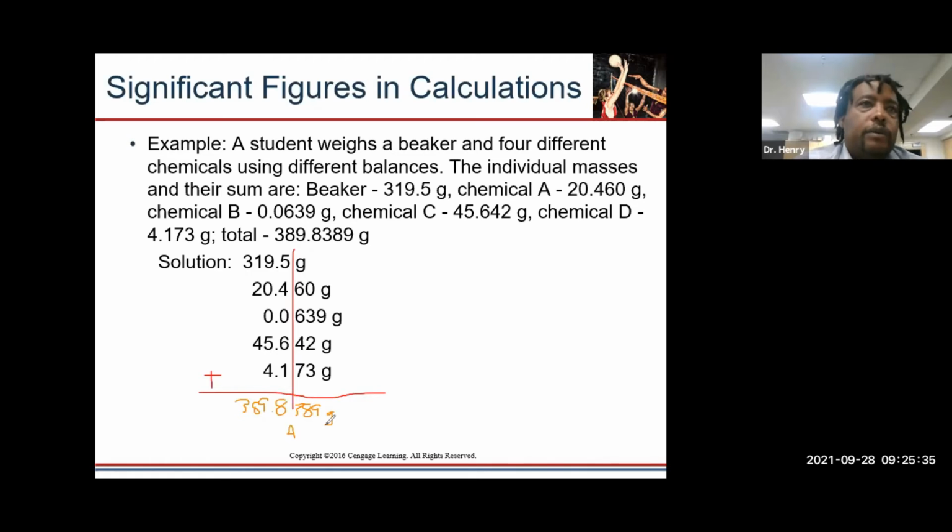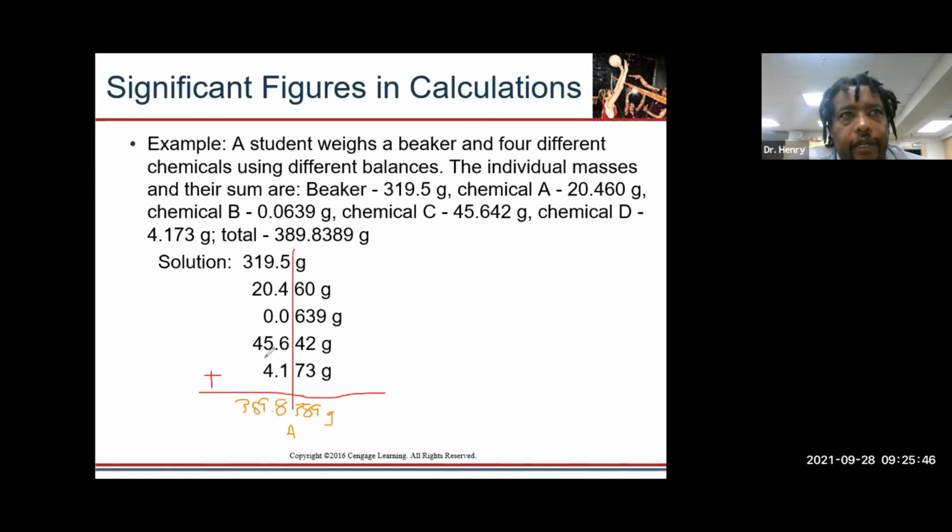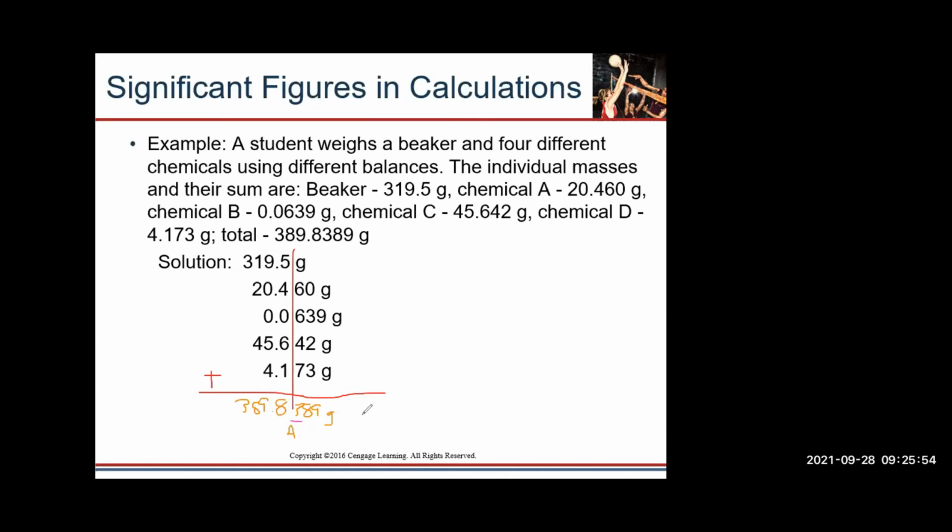Okay, so what am I going to use to round? Which number? The 3. Okay, so I'm going to use the 3. Am I going to leave the 8 alone or am I going to round it up? Leave it alone.